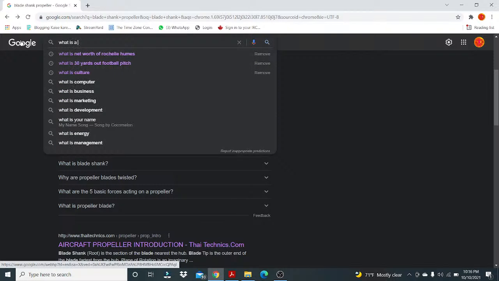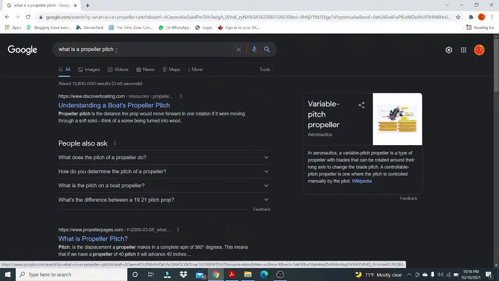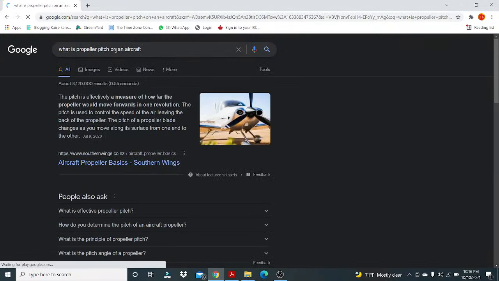What is a propeller pitch? The pitch is effectively a measure of how far the propeller would move forwards in one revolution. The pitch is used to control the speed of the air leaving the back of the propeller. The pitch of the propeller blade changes as you move along from one end to the other.